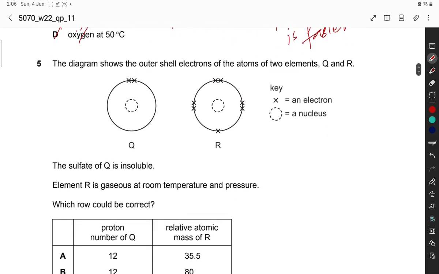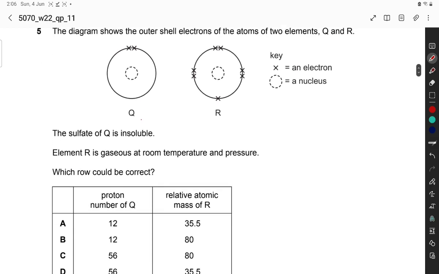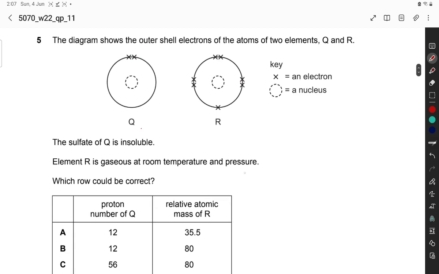Next, question number 5. The diagram shows the outer shell electrons of the atoms of the two elements Q and R. The sulfate of Q is insoluble. Element R is gaseous at room temperature and pressure. So R is in group 7 because its valence shell has 7 electrons.